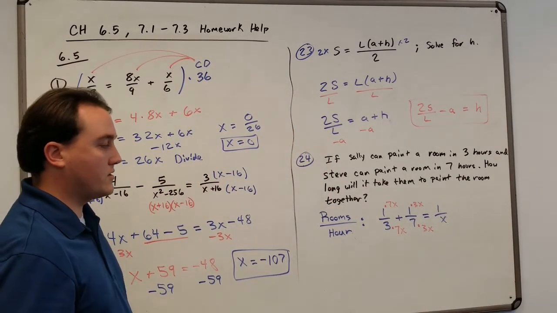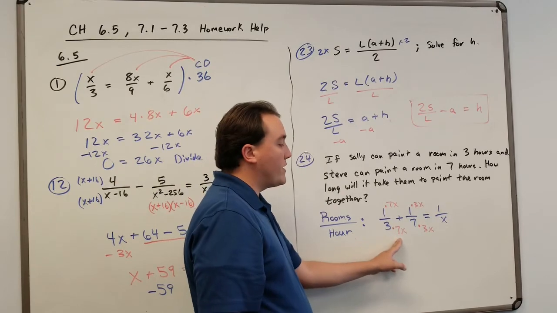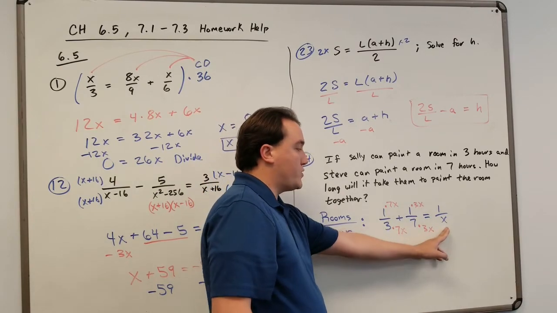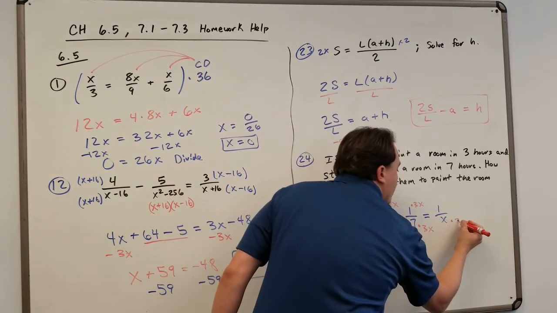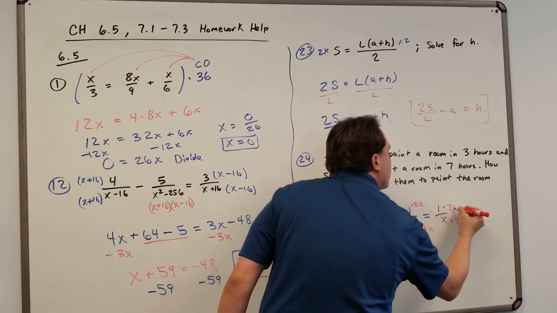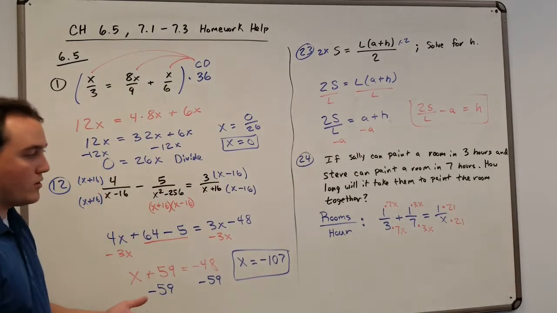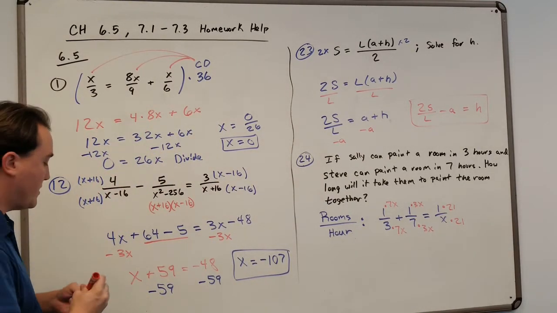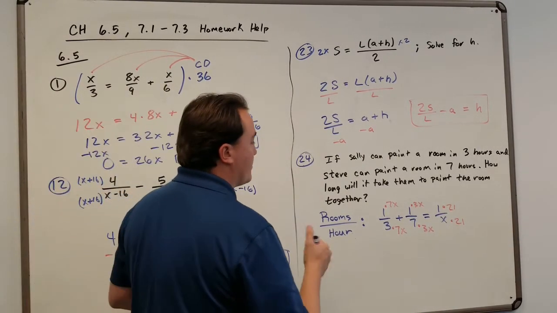We're getting closer, because right now, these are 21x. Well, we don't have 21 here, so we multiply this by 21. Now we have a common denominator. They're all the same. Okay, so you kind of mix and match until you get that common denominator.